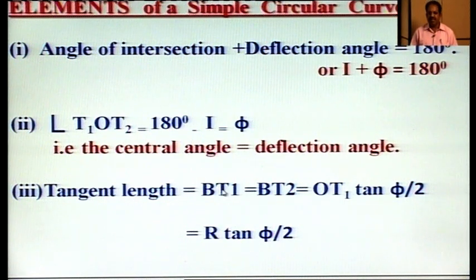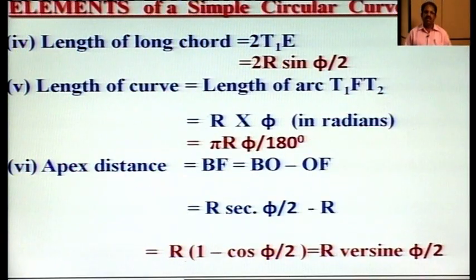Tangent length, the distance from the intersection of the two tangents to the first tangent point, B T1 or B T2, is equal to O T1 tan phi by 2, and it is numerically equal to R tan phi by 2, where R is the radius of the curve and phi is the deflection angle.